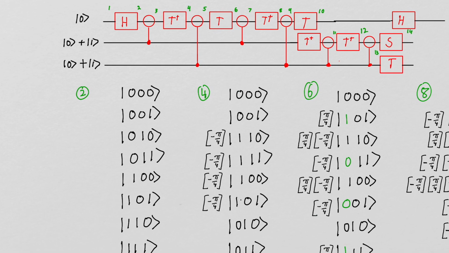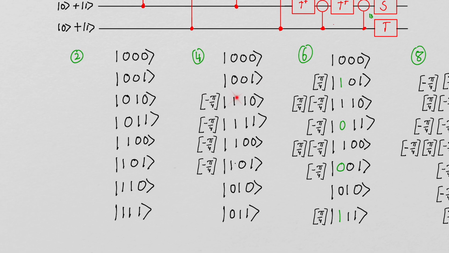So it provides no phase to bit number one here or here, but it does provide minus pi over 4 phase for all of these computational states that have a 1 in the first position. So these 4, right? These 4 pick up a phase of minus pi over 4.